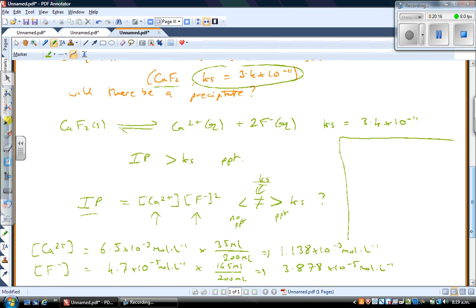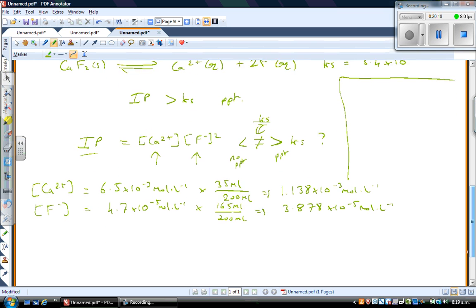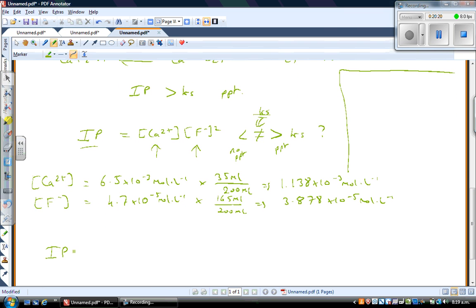So therefore we put these numbers into the IP expression, so the IP expression is now going to be equal to 1.138 by 10 to the minus 3 moles per liter, take that by the fluoride concentration squared, and the IP value then comes out as 1.72 by 10 to the minus 12.